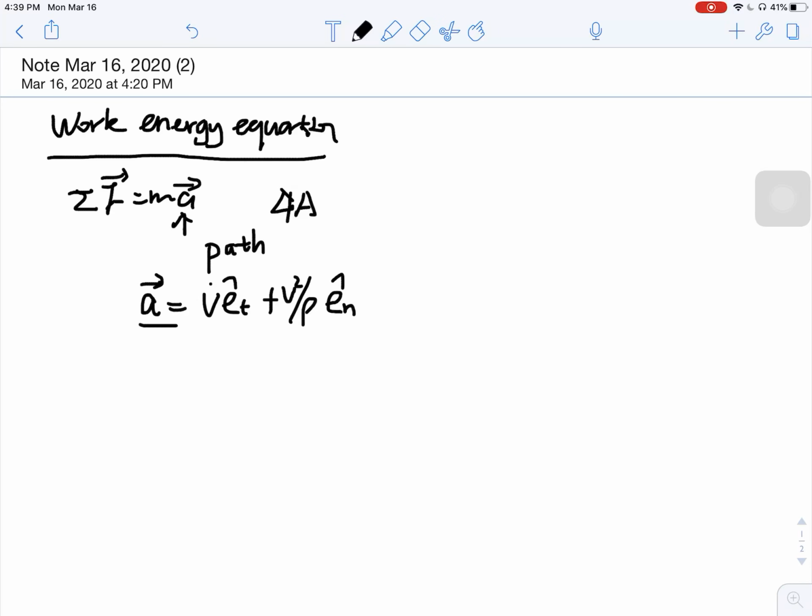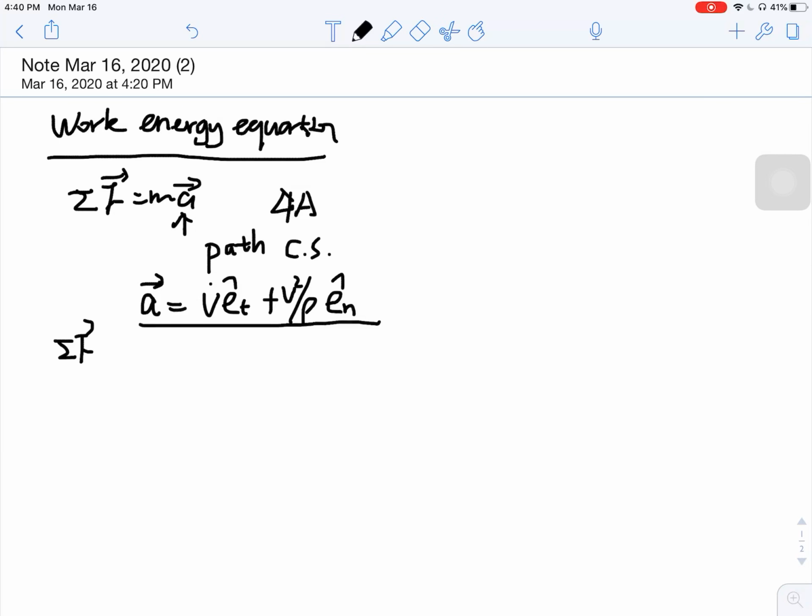This is the formula for acceleration in the path coordinate system. If we substitute this a into F equals ma, we will get something like this.